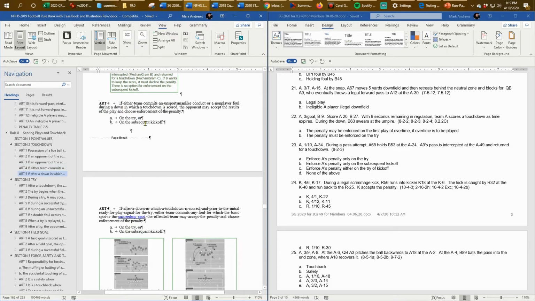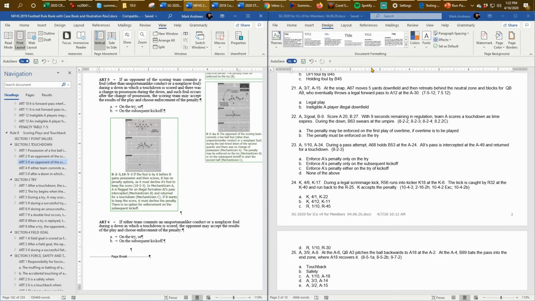And this one deals with unsportsmanlike or non-player foul, which is the situation we have. You can see that the choice is on the try or on the subsequent kickoff. And because there's no kickoff in overtime, that's not a choice. So they would have to accept the penalty on the try. So the answer is B.